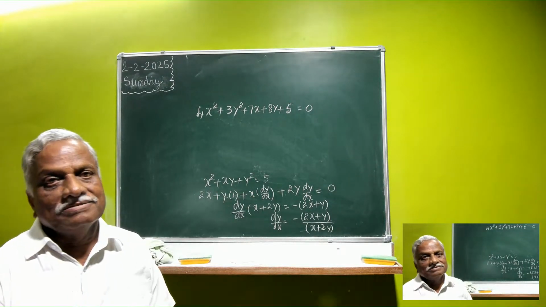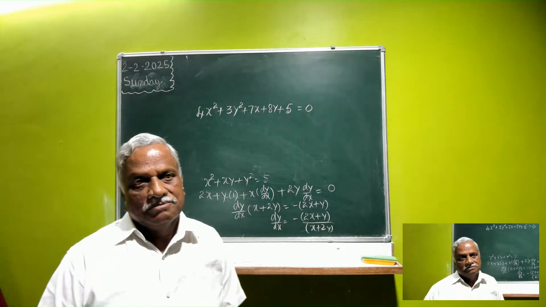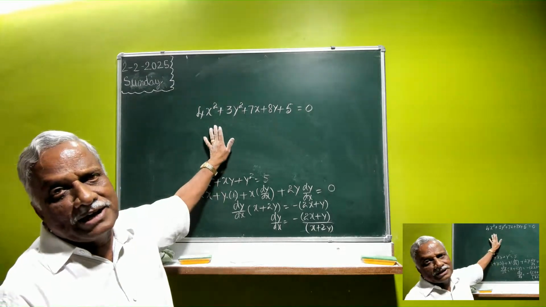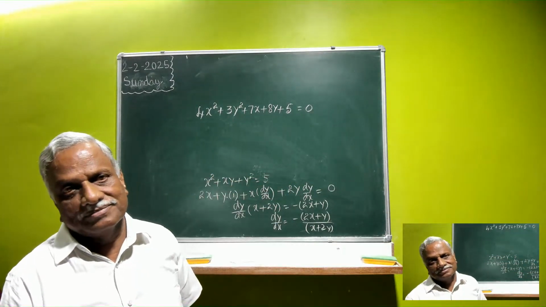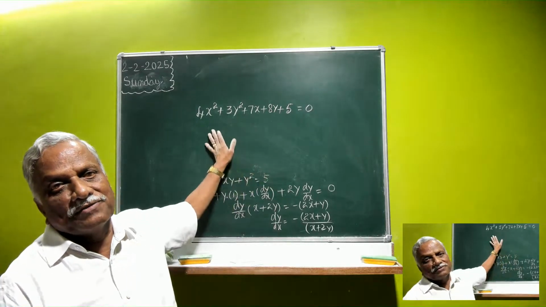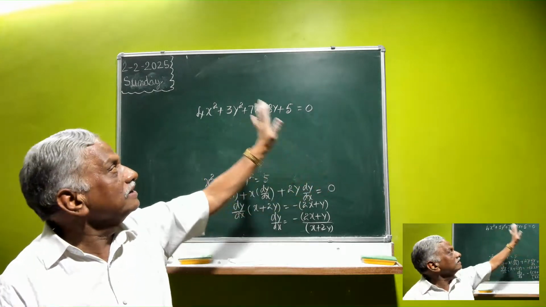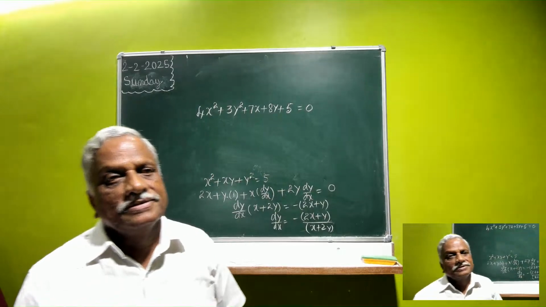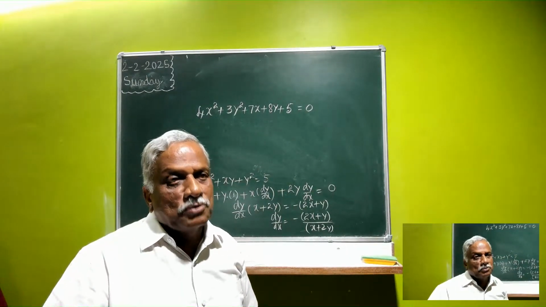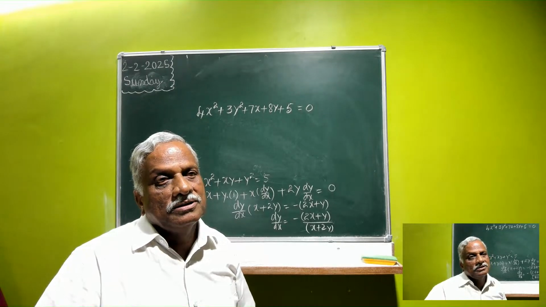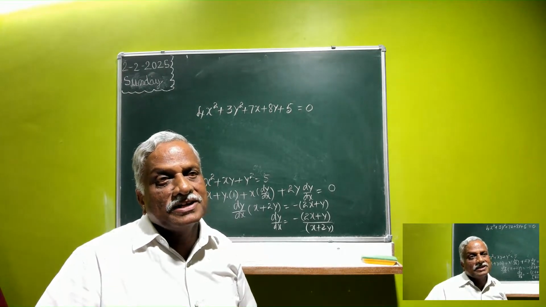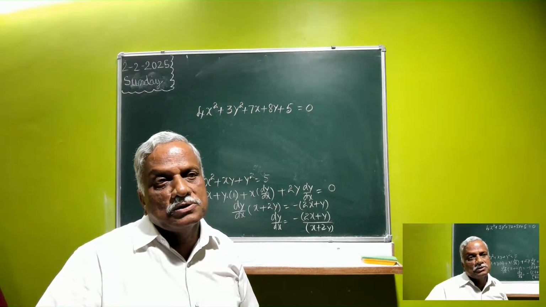How many terms are there? Doesn't matter. Because you remember we are tackling only one term at a time. We are not tackling all the terms at a time. So the first term I have to differentiate, next term I have to differentiate, next term I have to differentiate, based on the procedures. So when I'm differentiating a term, you should remember what the term is and how to differentiate that. I need to remember the rule also, the tool also.